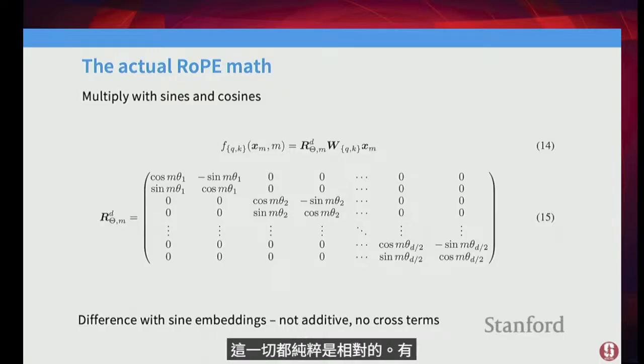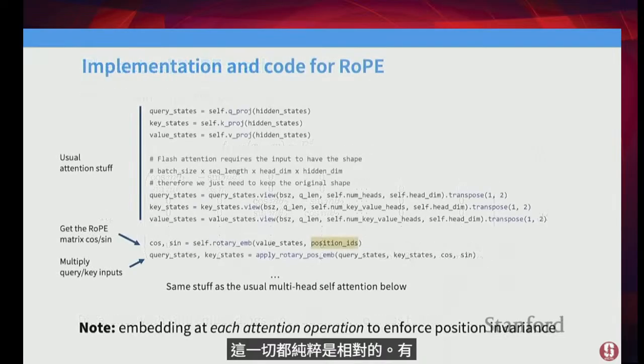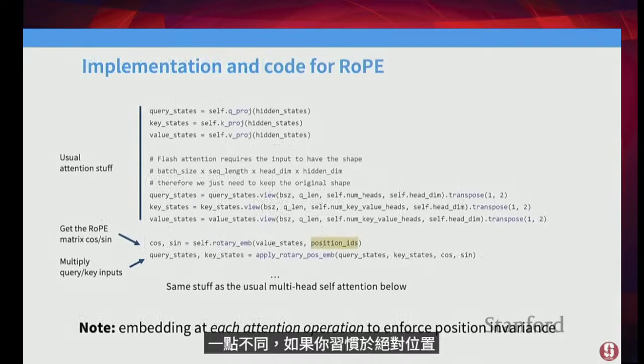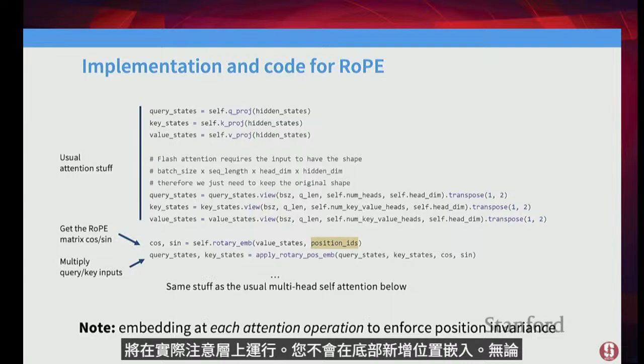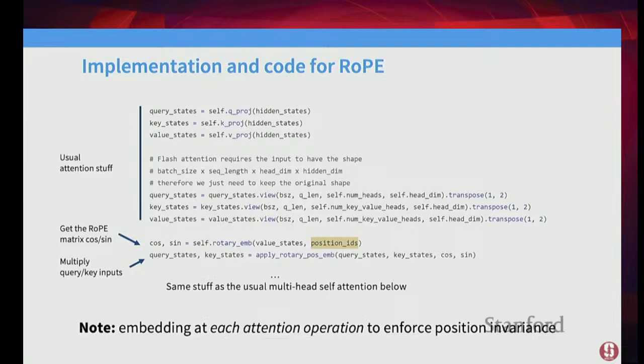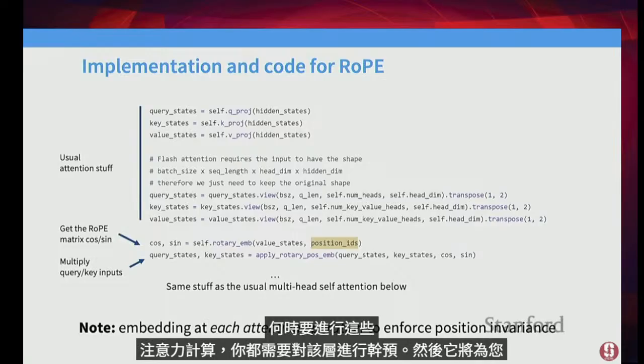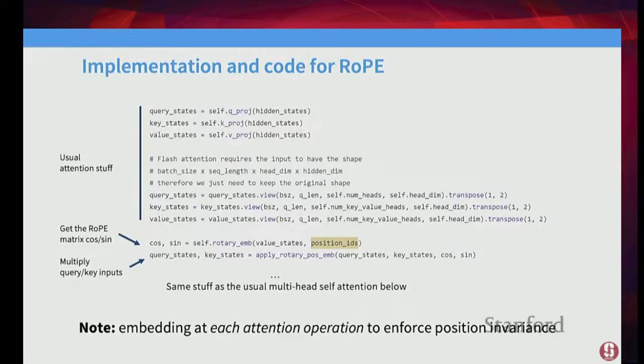This is all purely relative. One thing that is different, if you're used to absolute position embeddings or sine and cosine embeddings, is that RoPE is going to operate at the actual attention layer, right? You're not going to add position embeddings at the bottom. Whenever these attention computations are going to be done, you're going to intervene on that layer, and that's going to give you your position information.